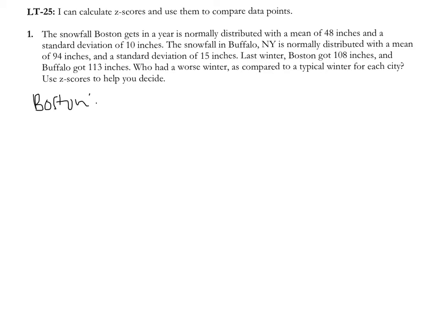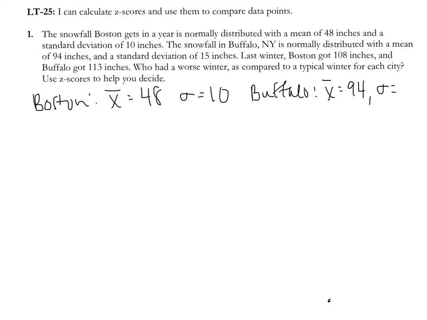So we know that Boston has a mean of 48 and a standard deviation of 10. And we know that Buffalo has a mean of 94 and a standard deviation of 15.